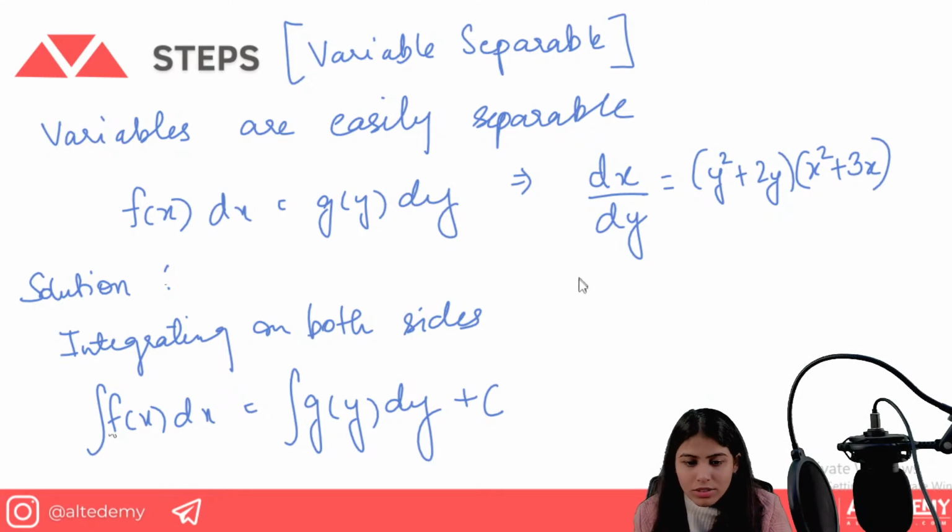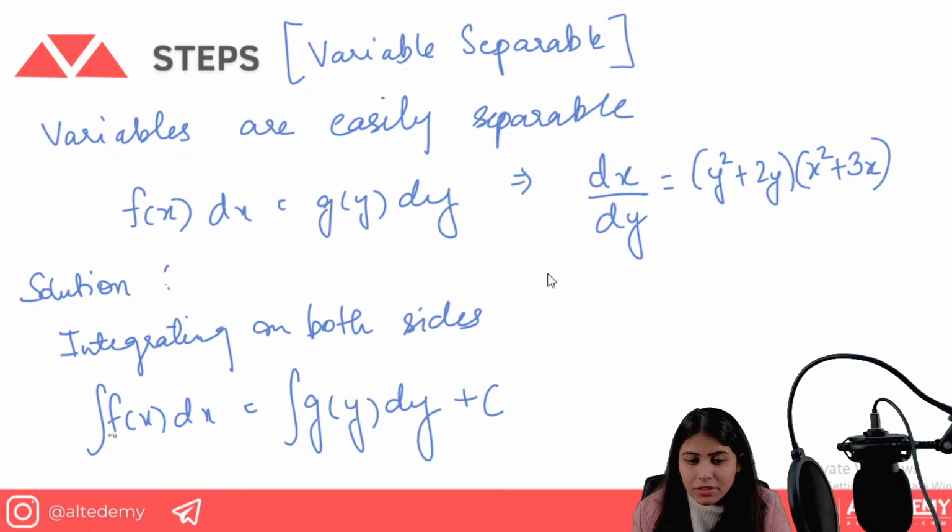Now how do you solve this equation? You solve it by separating the variables. But see, these variables cannot be separated easily, because when you take y square plus 2y to this side, dy comes with it. But when you take x square plus 3x to the other side, it cannot be taken with the dx. So this becomes like a homogeneous equation.